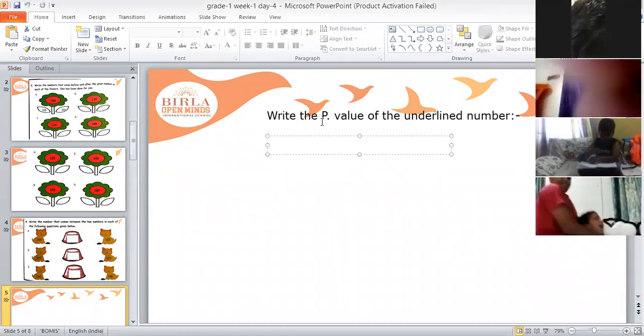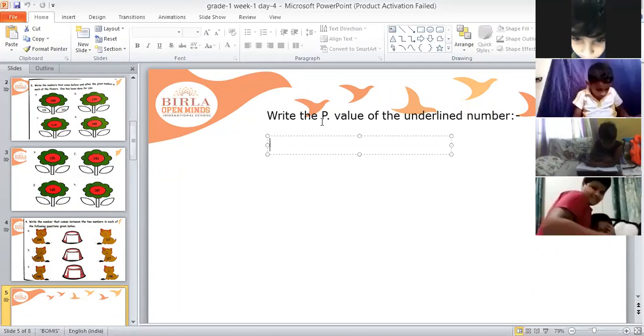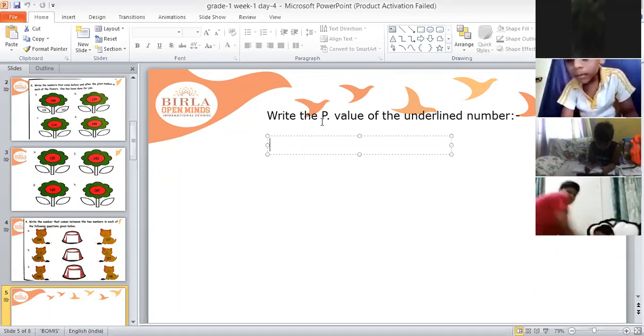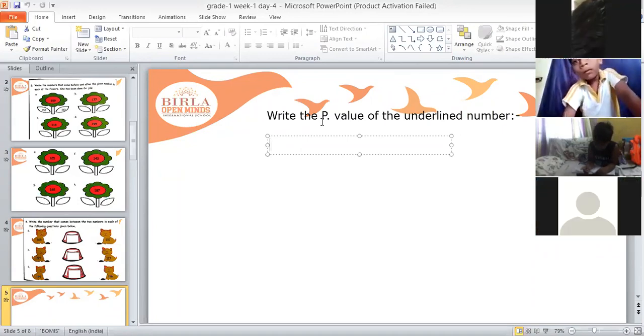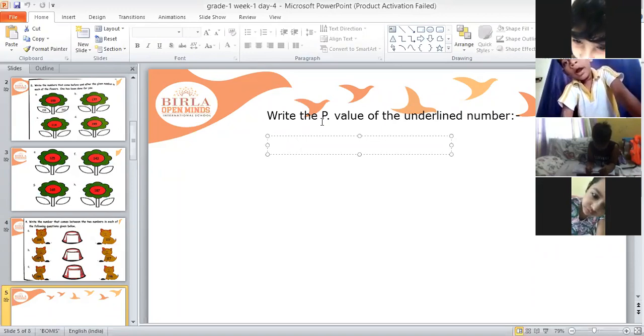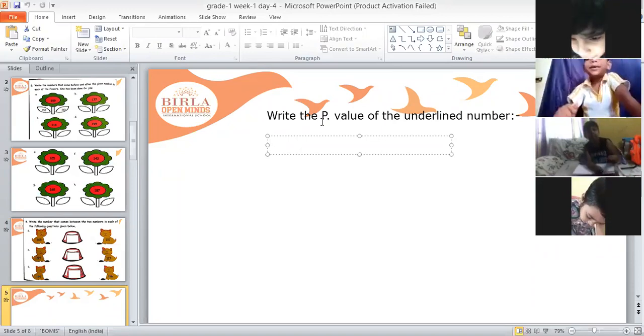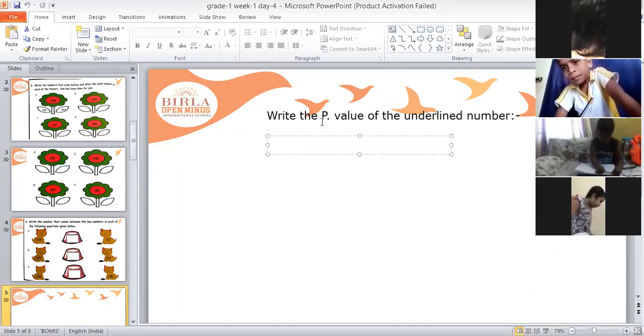P-L-A-C-E, place. Sit properly, and later on you will be the one who will take more time. Yes, children. The question is, you have to write the place value of the underlined number.